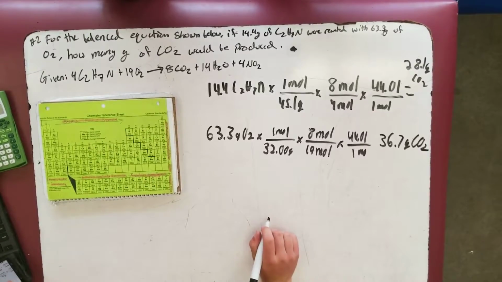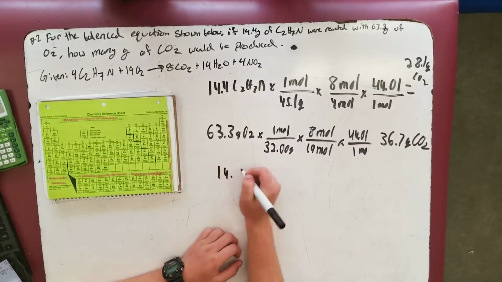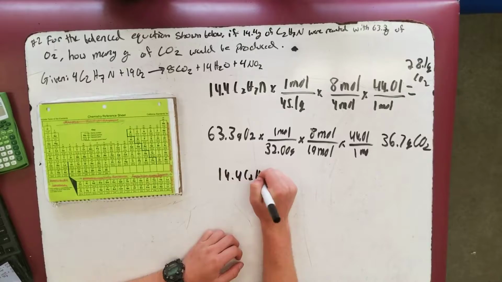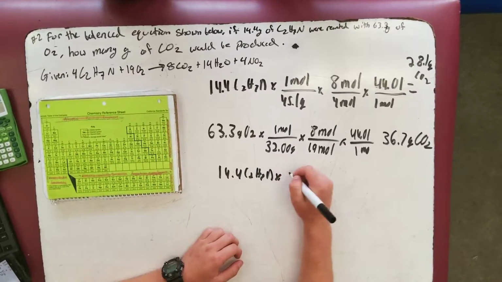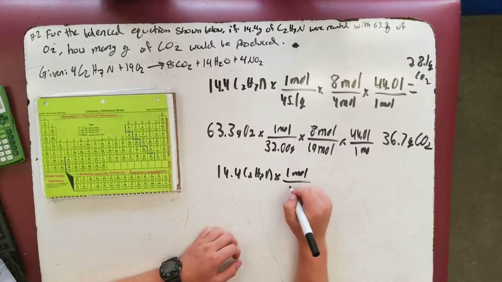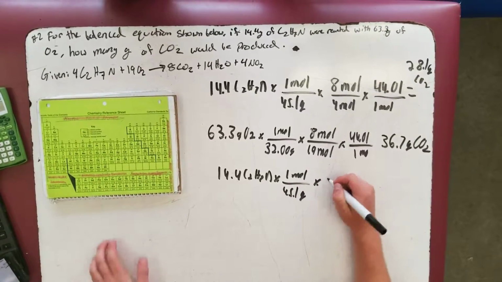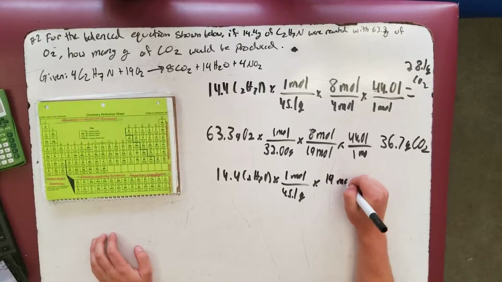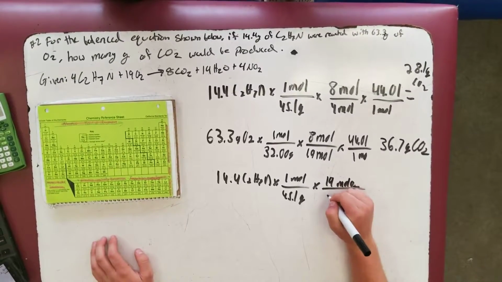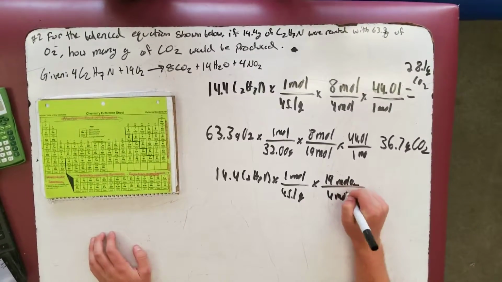Finally, last step, we're going to have the 14.4 grams of C2H7N times 1 mole to convert to moles, divided by 45.1 grams, multiplied by the mole ratio, which is 19 moles of O2 divided by 4 moles.